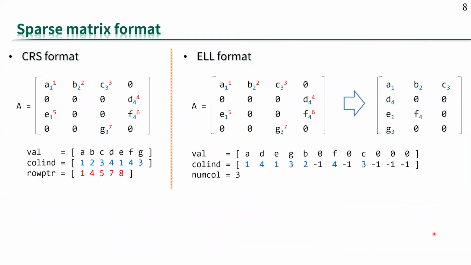We use two sparse matrix formats in the evaluation. One of them is the CRS format, and the other one is the ELL format. Because these formats are famous sparse matrix formats, and they are used in many sparse matrix calculation programs, I don't explain the details of them.